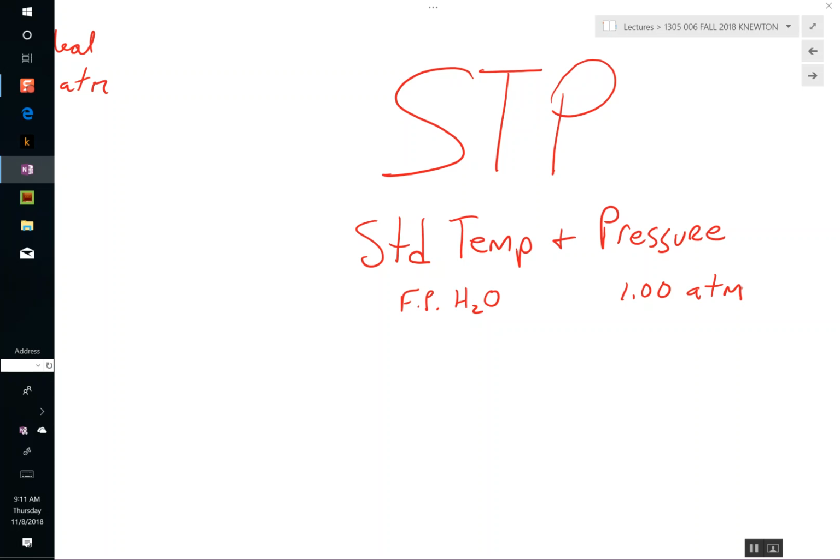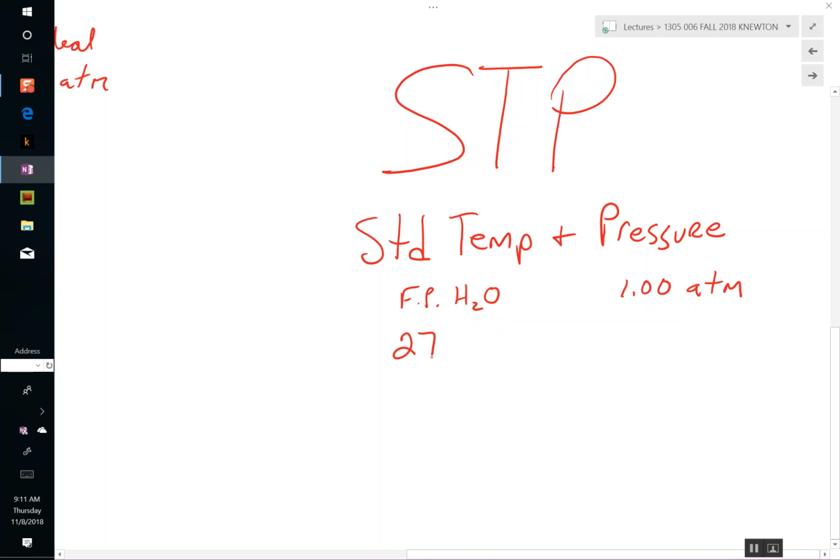It does change. A hurricane comes in and that pressure goes down. A high pressure area comes in and the pressure goes up. So even at sea level, atmospheric pressure fluctuates a little bit, but the average is 1 atmosphere. The freezing point of water is 273 Kelvin.